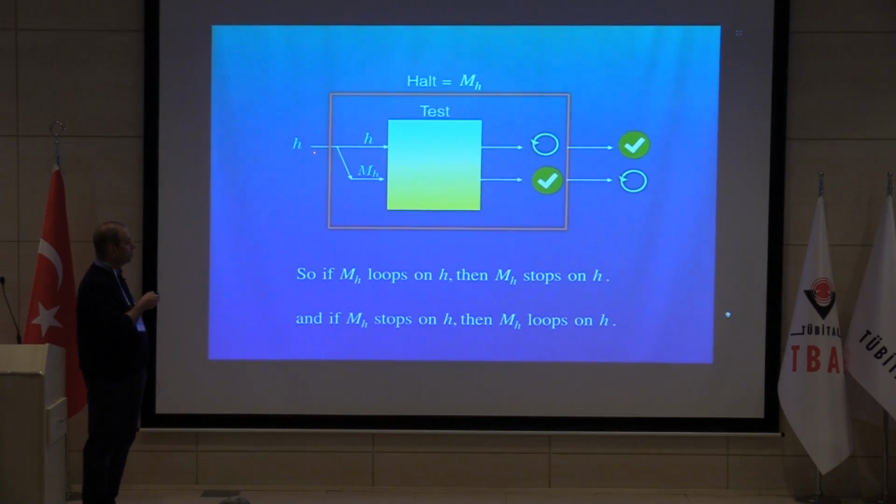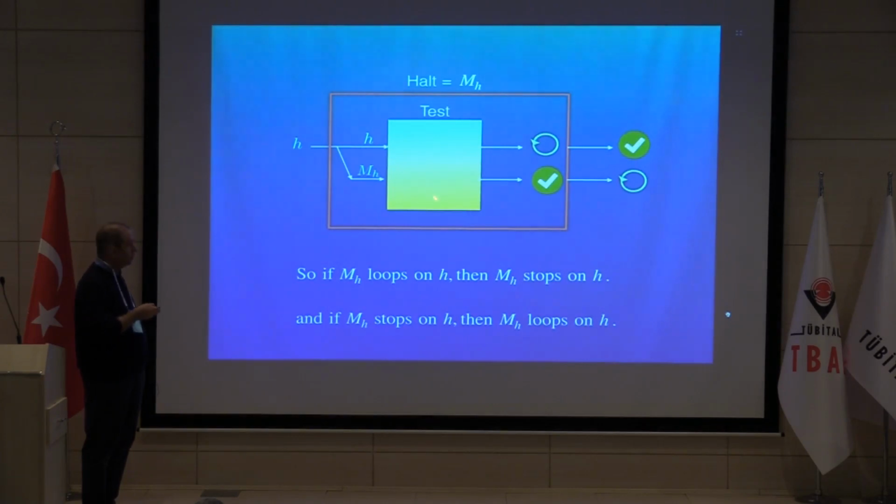On the input H, if MH stops on H, MH loops on H. If MH loops on H, then again MH stops on H. This is the contradiction. Again, this was our original machine with two inputs, x and y. X is the input, y is the number of the algorithm.